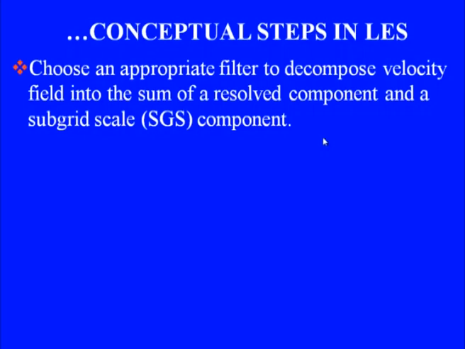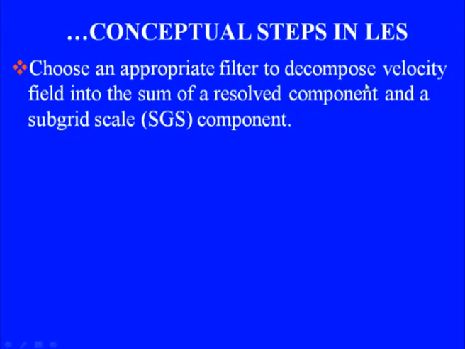So, now let us summarize the steps involved in large eddy simulation. The first step is to choose an appropriate filter to decompose the velocity field into a resolved component, that is our large eddy component, and a subgrid scale, or what we call in short SGS, component.